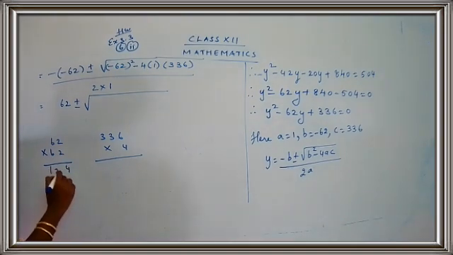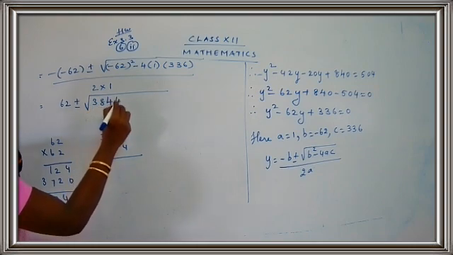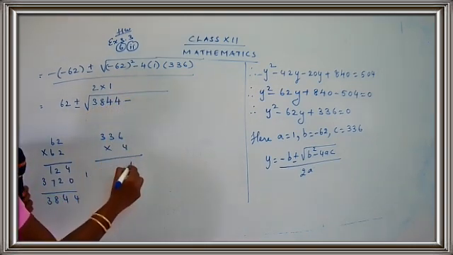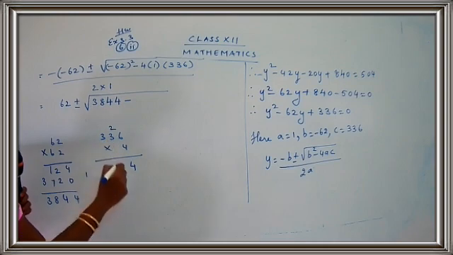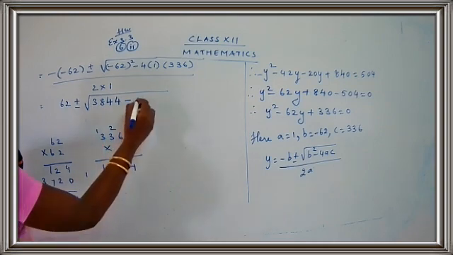4, 12, 12, 36, 37. 4, 4, 3. 3844. This is minus sign. 24, 12, 14, 12, 30.